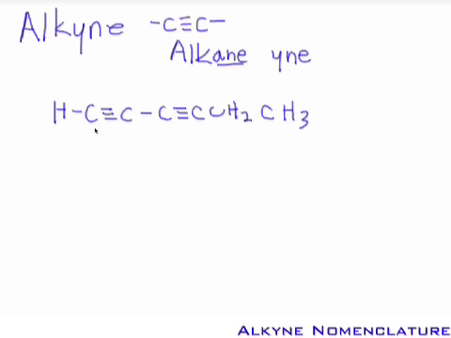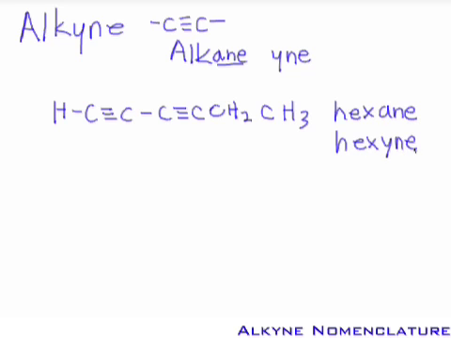Longest carbon chain, 1, 2, 3, 4, 5, 6. 6 carbons is a hexane. A hexane with one triple bond becomes a hexyne. So let's do that. We start with hexane. If there were no triple bonds, this would be a hexane. If there was one triple bond, we drop the ane and add yne.